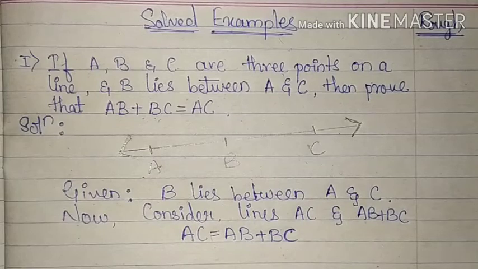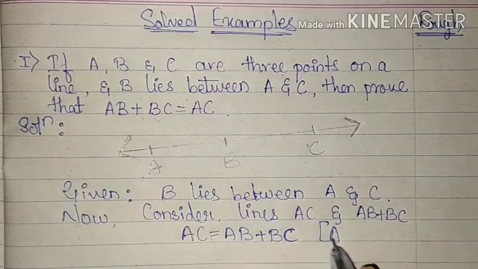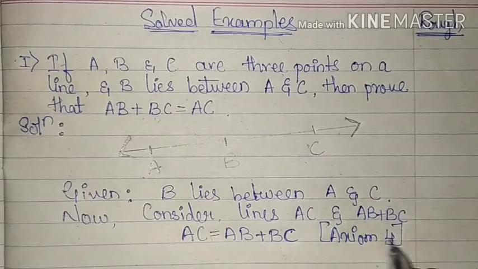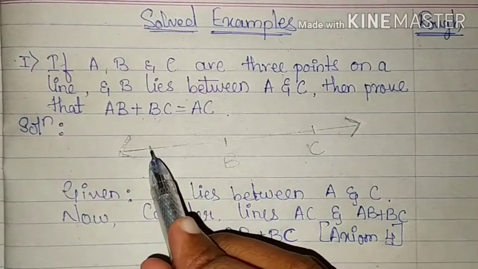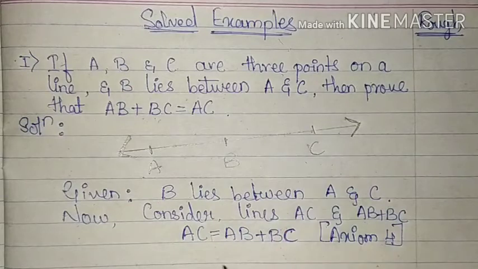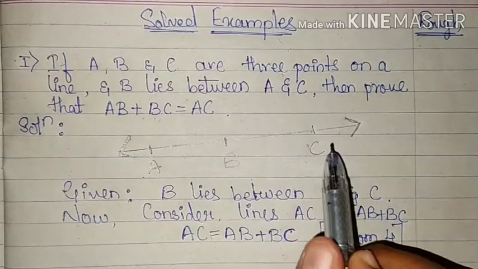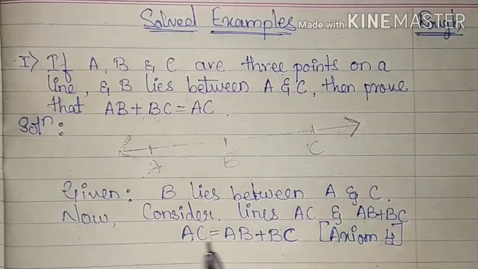It comes from the fourth axiom of Euclid. This is my reason, axiom 4, because here line AC coincides with AB plus BC. AC is exactly equal to AB plus BC. It superimposes it.